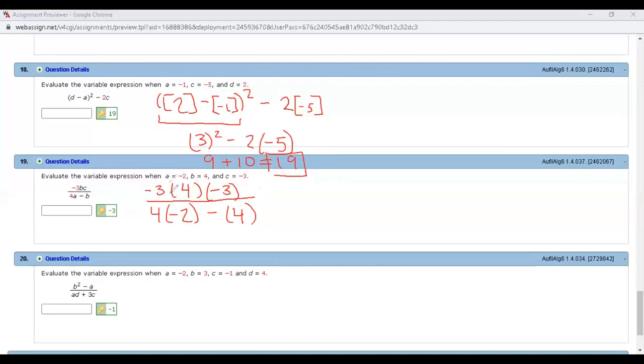So here in the numerator, we have -3 times 4 times -3. And we have 4 times -2. Then we have to subtract 4. So let's take a look at this. So -3 times 4 is -12.